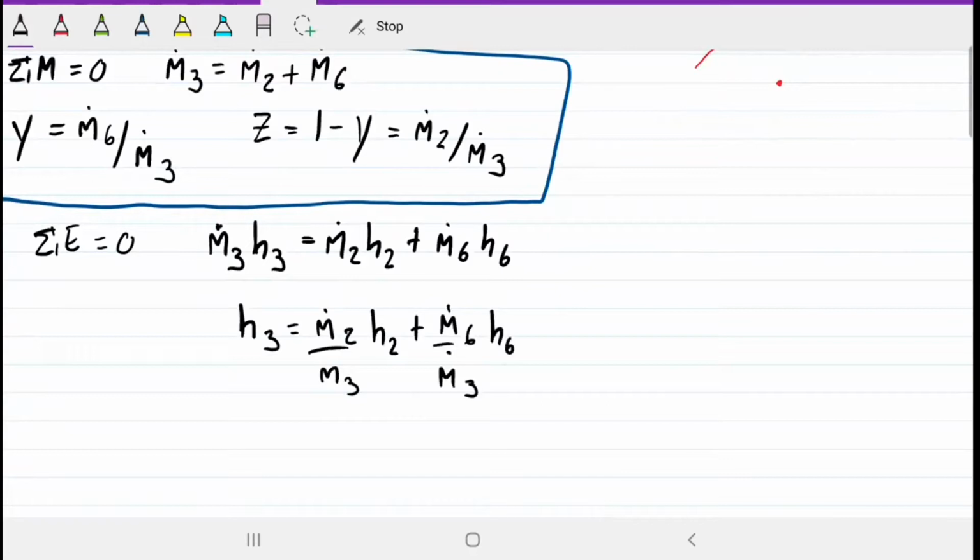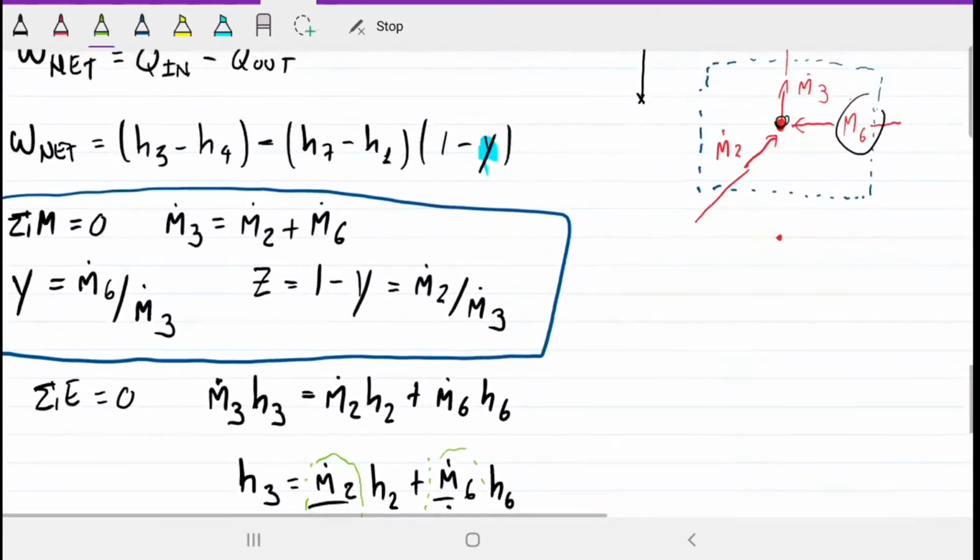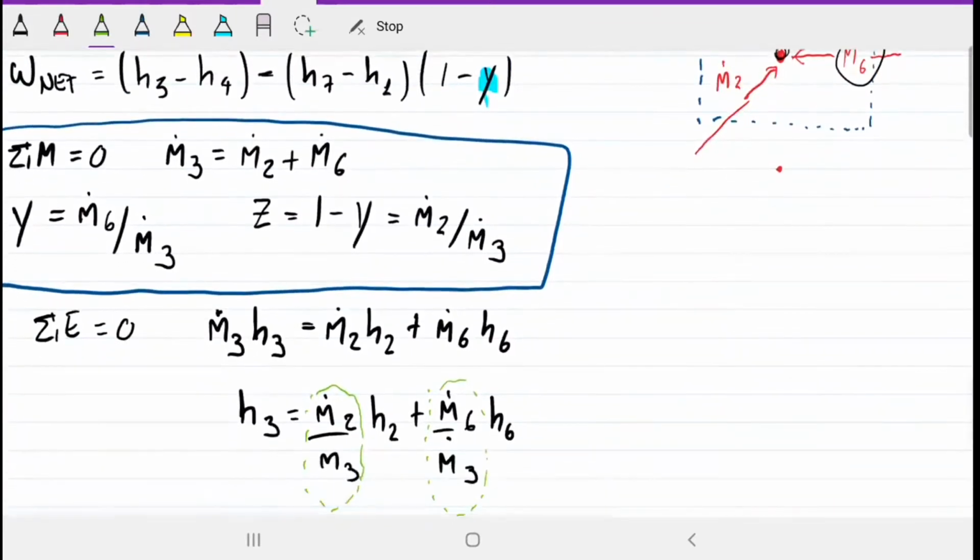And you notice that this term is the same thing as 1 minus y, and this one is the same thing as y, right? We can actually check here. Yeah, so 6 over 3, that's the y, and 1 minus y is the 2 over 3.